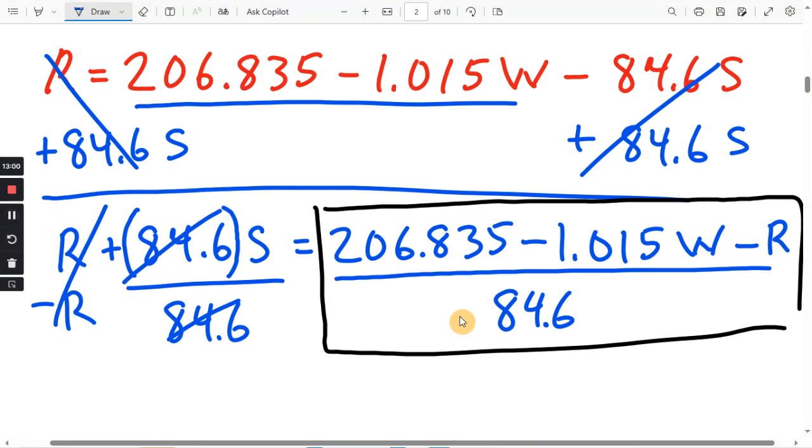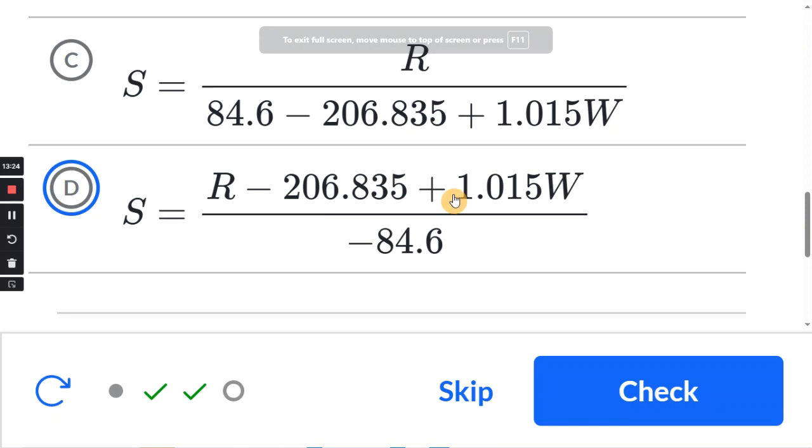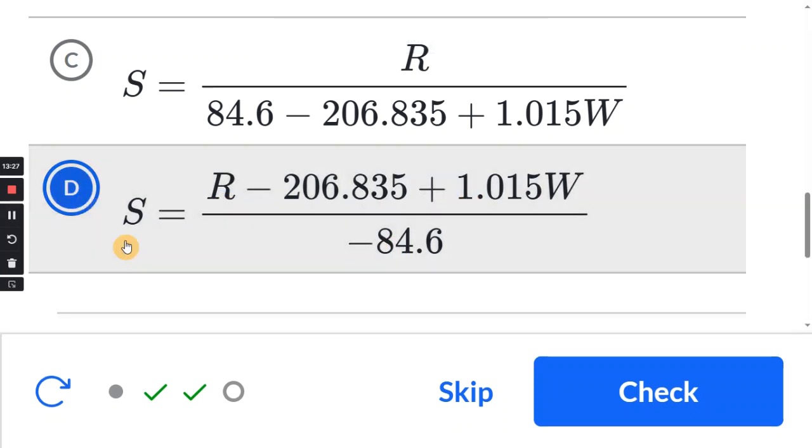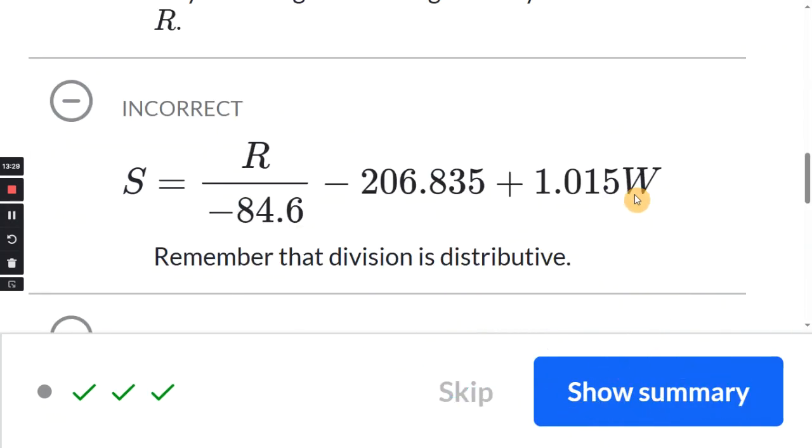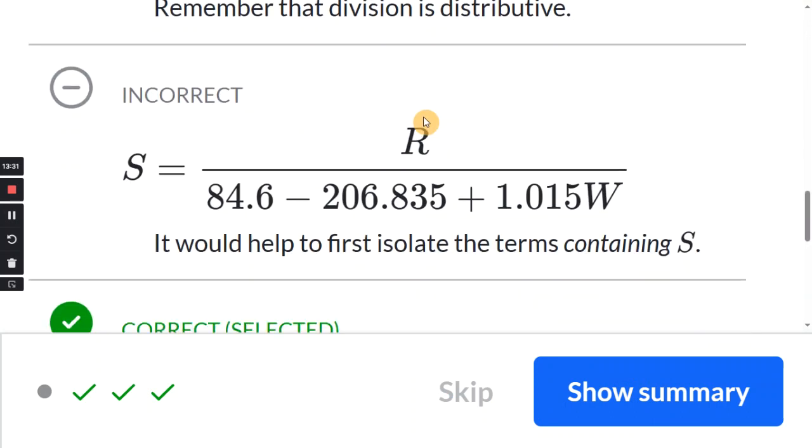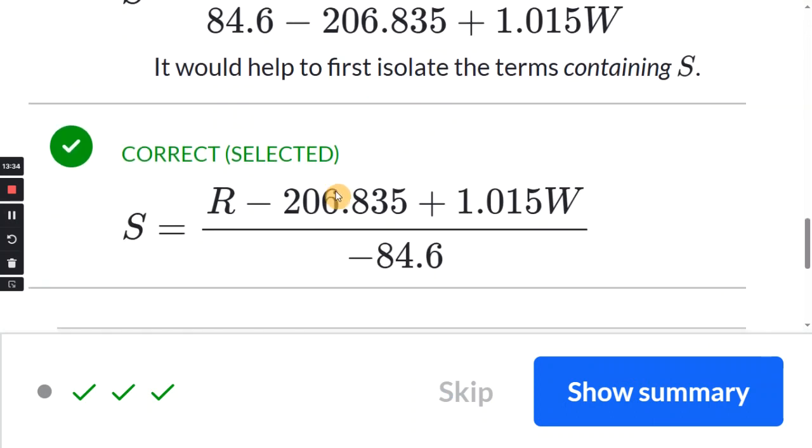All right, if we make this negative right here, then the 206 becomes negative, the 101.015 becomes positive, and the R becomes positive. So let's see if this answer matches the one we had. I think it was answer D. Negative 206 plus 101 plus R. Let's try it. Negative 206 plus 101 plus R. There you go, answer D. All right, so sometimes you may have to change the form your answer is in order to choose the correct one.